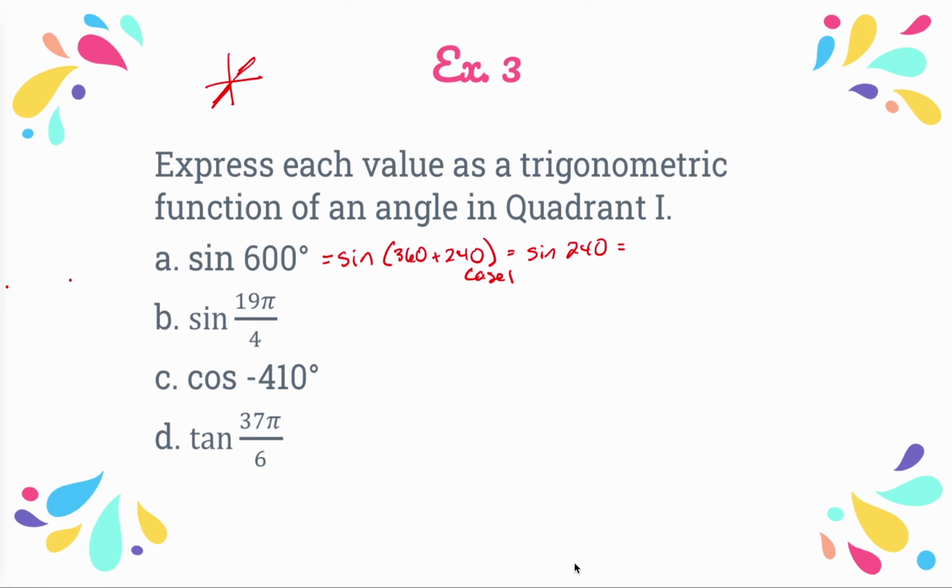So we make that sine of 180 plus, what do we need to add? To get 240, we need to add 60. And so that becomes sine of 60, we get rid of the 180, and according to case number 2, we make that negative. So sine of 240 is negative sine of 60, and sine of 600 is equal to sine of 240.